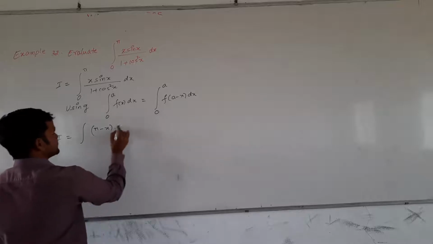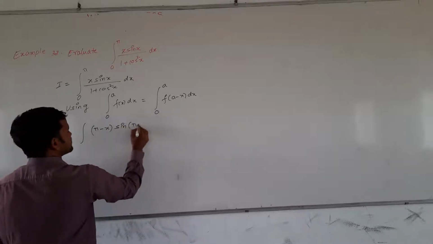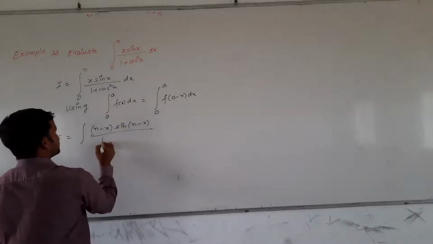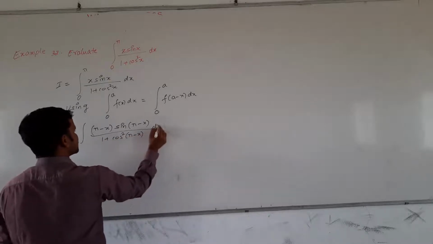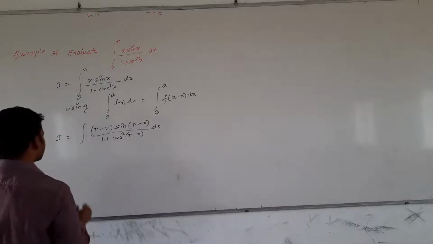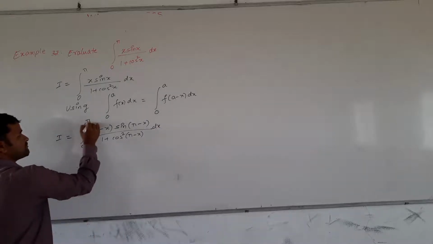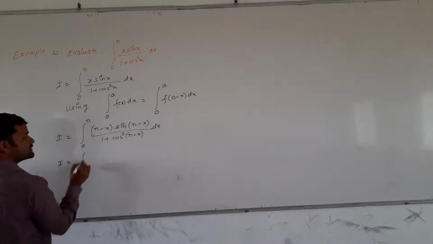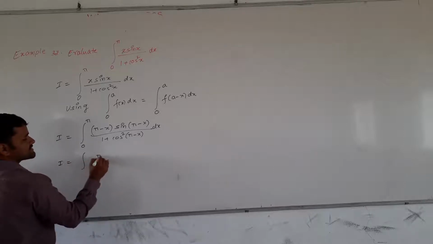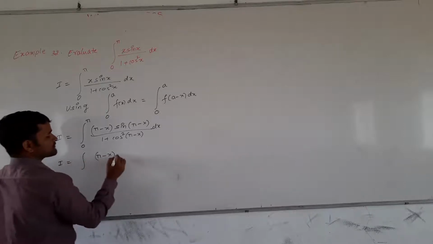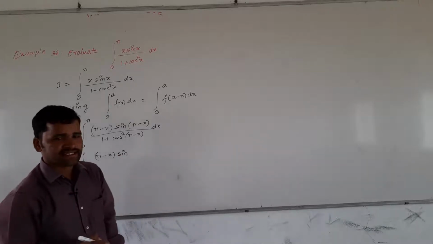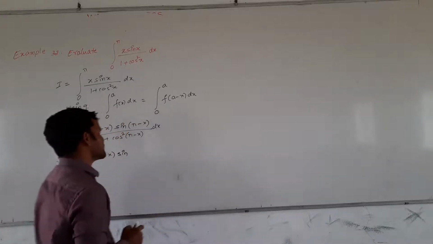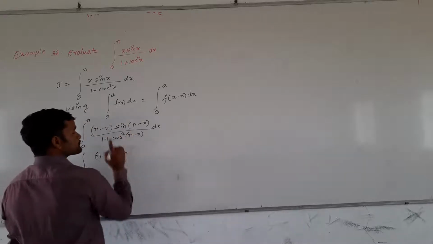I is equal to pi minus x into sin of pi minus x divided by 1 plus cos square of pi minus x into dx, integrating from 0 to pi. This can be written as pi minus x into sin of, what is pi minus x? 180 minus x. 180 minus x means second quadrant, sign is positive.